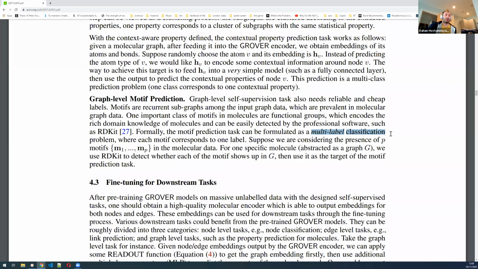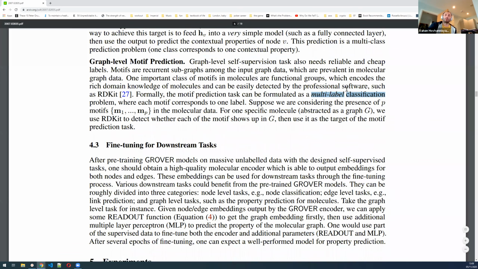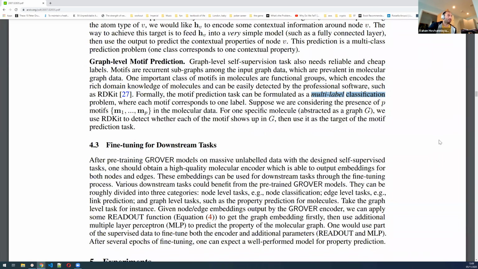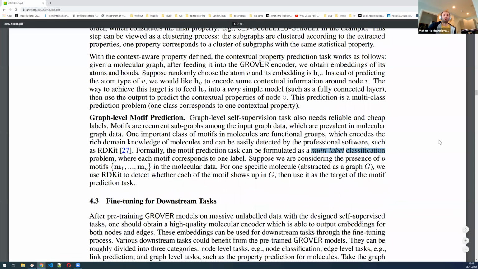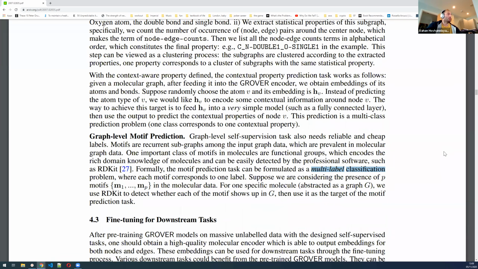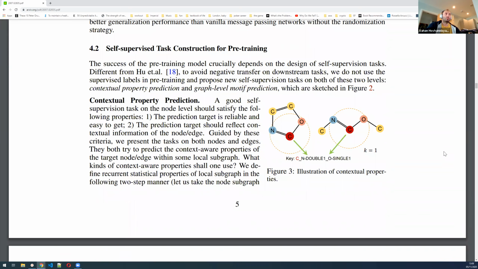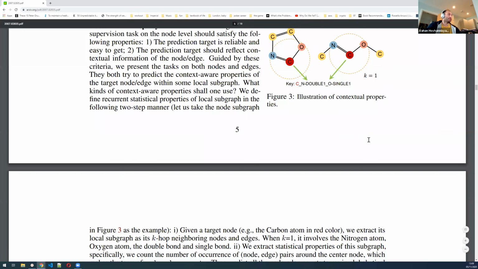So there is no human actually labeling. And then they use this graph level task to pre-train our model for a graph level representation. Any comments here? No? Cool.